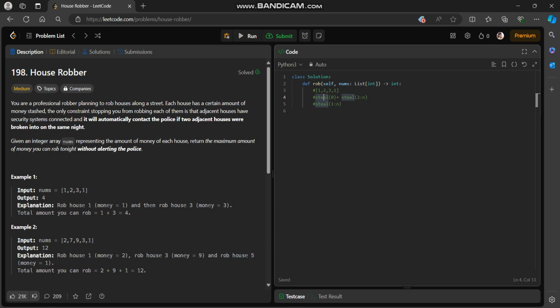So to solve this, we need to get the max of these two. By calculating the max of these two, we proceed further and iterate through the DP array.